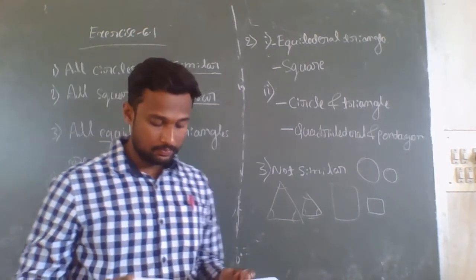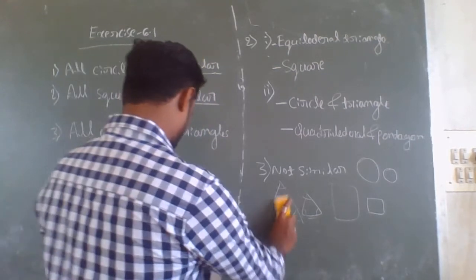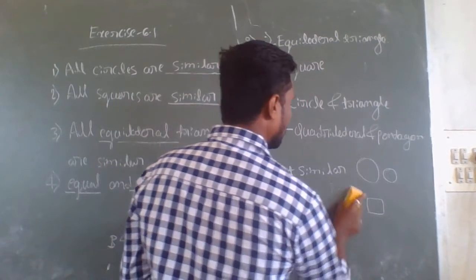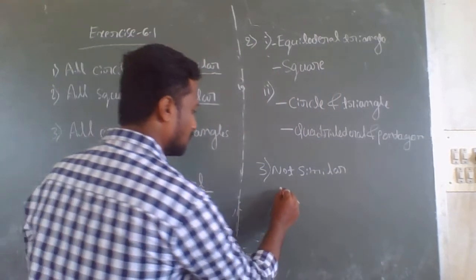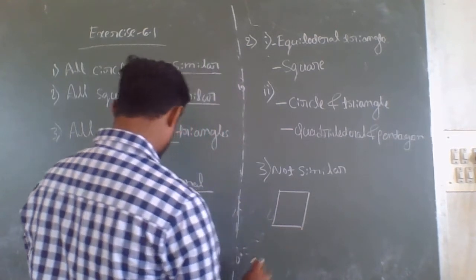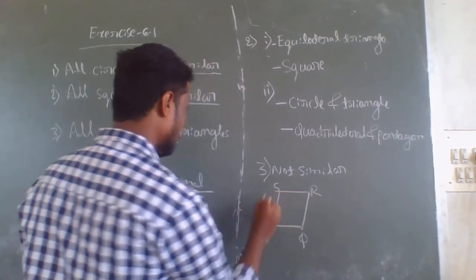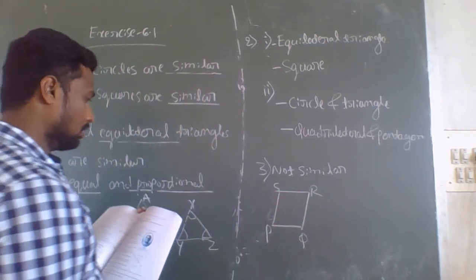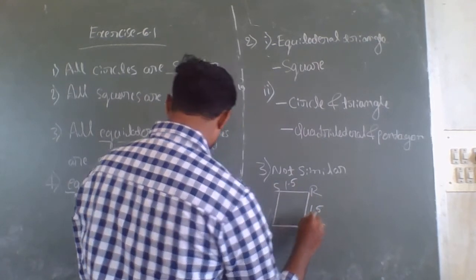Next, the third one. Here they have given two figures like this. First one, PQRS. Here all the sides are of 1.5 centimeters.